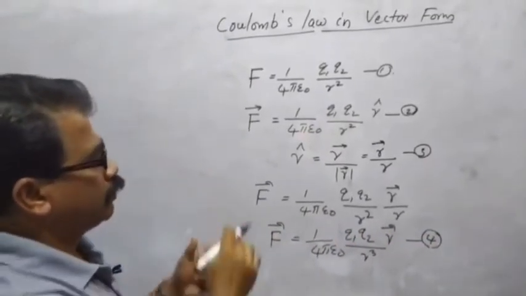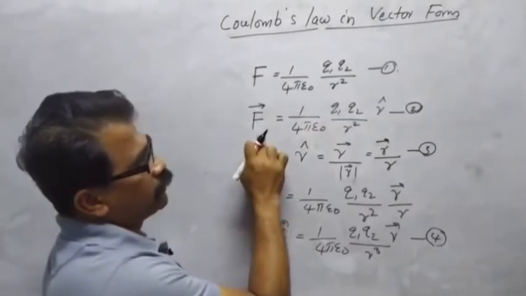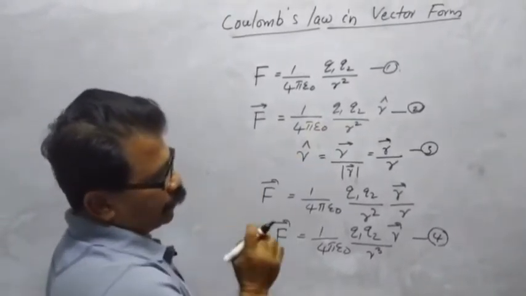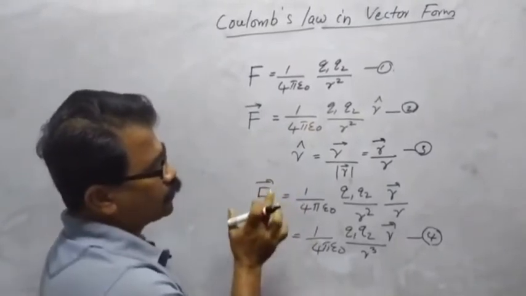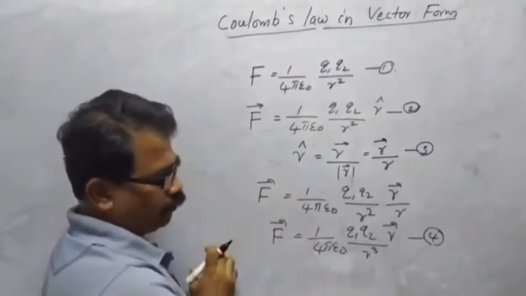So, equation number 2 and equation number 4 represent Coulomb's law in vector form.